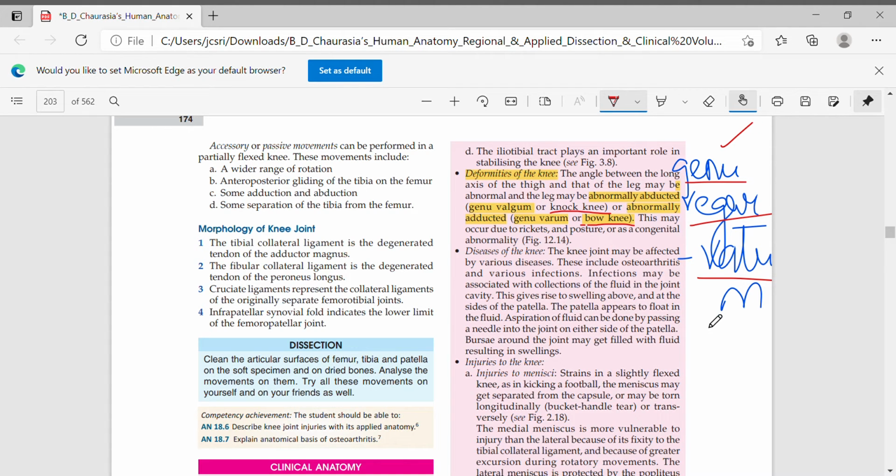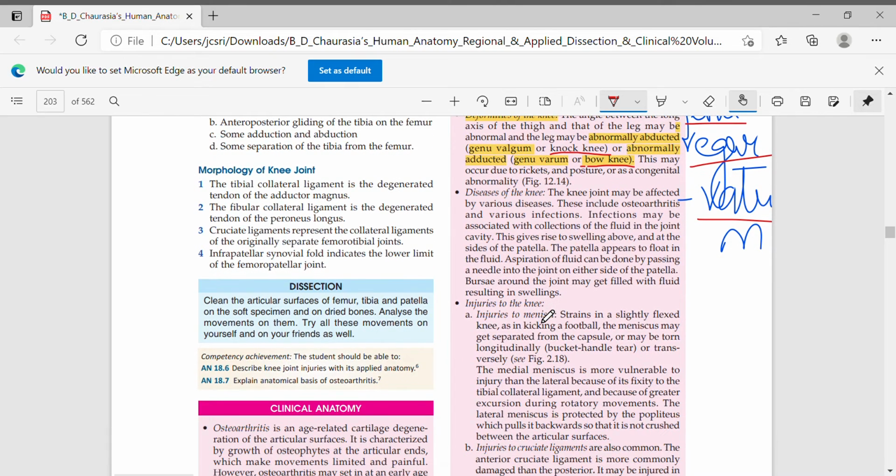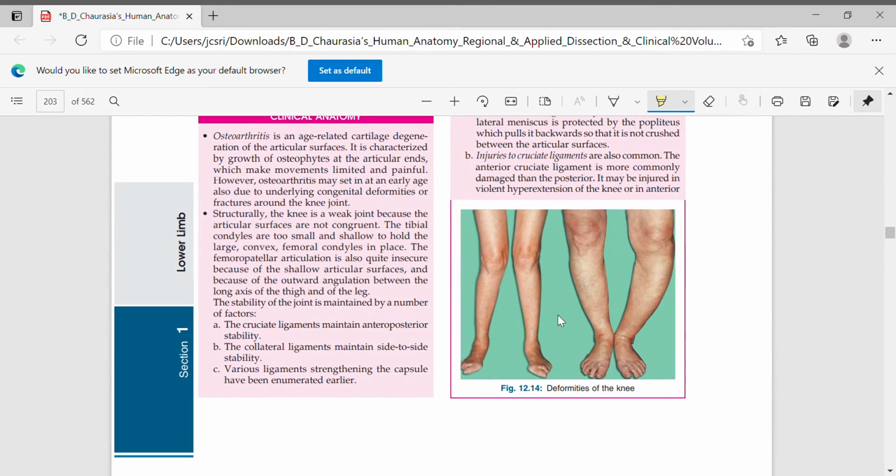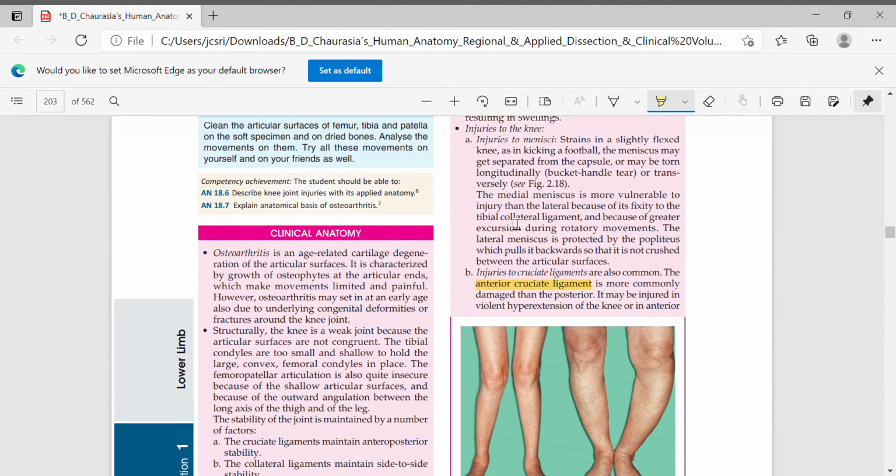Next we are going to see the injuries to the ligaments. You can see here there are many ligaments of the knee joint. The most affected ones are the anterior cruciate ligament, the medial meniscus, and the medial collateral or tibial collateral ligament. Both are the same.